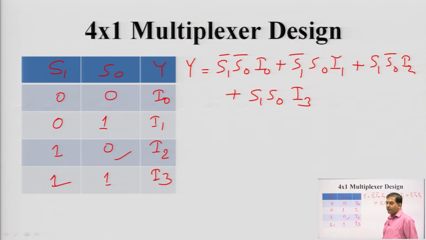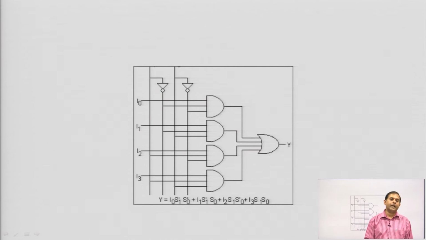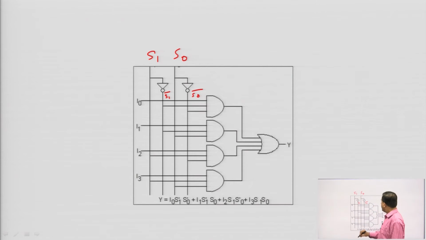Okay. So, now this will be designed into the circuit diagram. This equation we have to implement using logic gates. So, this will be the diagram, you can check it. This is S1 and S0. Here we have one inverter, so this is S1 bar and S0 bar. First we have the AND gates 1, 2, 3 and 4.